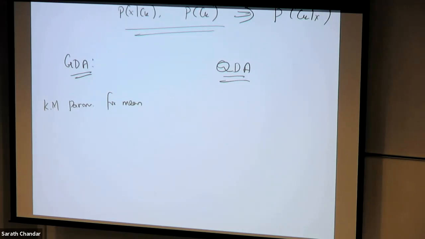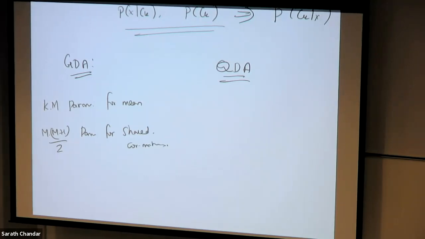You have an M feature input. Covariance is an M cross M matrix, which talks about how different features covary. And we know that covariance is symmetric. So it's going to be M times M plus 1 divided by 2 parameters for the shared covariance matrix.